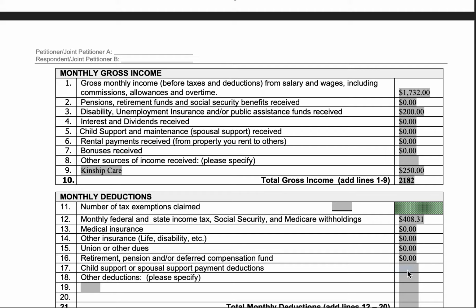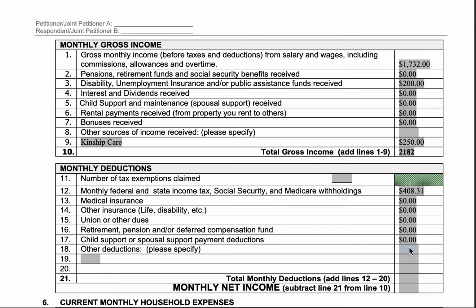And then here, for those of you that have child support that you pay that is automatically withheld from your check, you can do that on this line. So again, we'll put 0, don't have any of those things. And then here, if you have any other deductions, most common one that we see there is a Chapter 13 payment in a bankruptcy. That would go there, maybe that's 180.